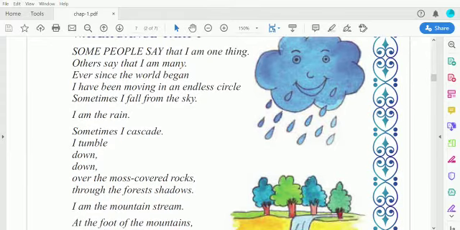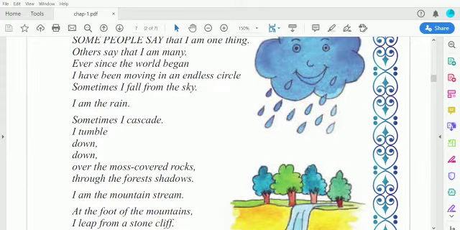Okay. So next is, sometimes water flows down in large amounts. It keeps on tumbling. Tumbling means rolling down and down over the rocks covered through the forest shadows, and this form of water is the mountain stream.